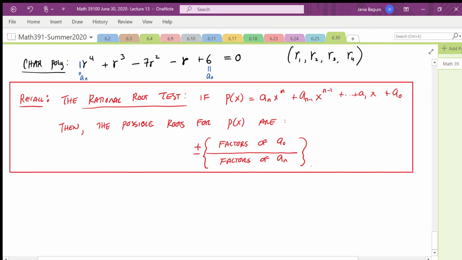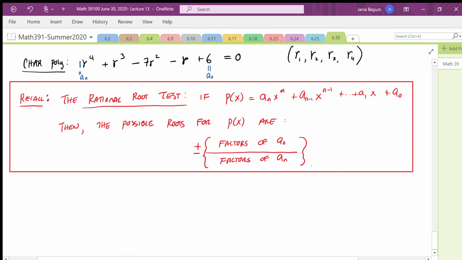So we're going to find possible factors. What are the possible roots? The possible roots are plus and minus the factors of a_0. Let me write it out. a_0 is 6, so the factors are 1, 2, 3, and 6.